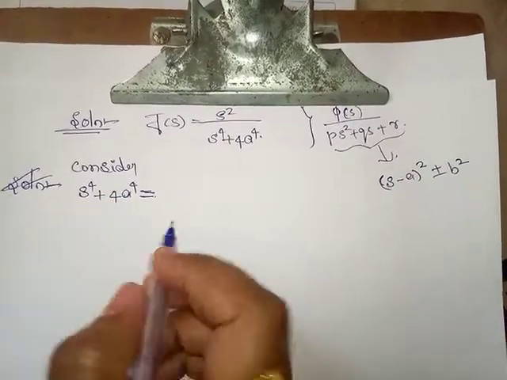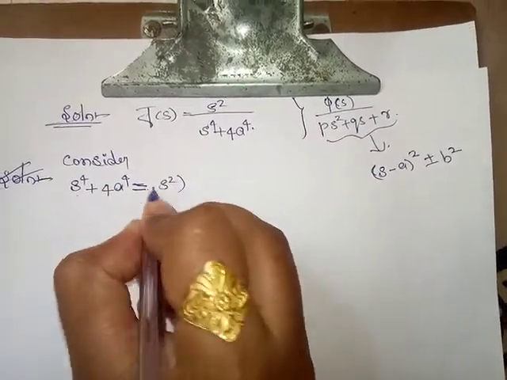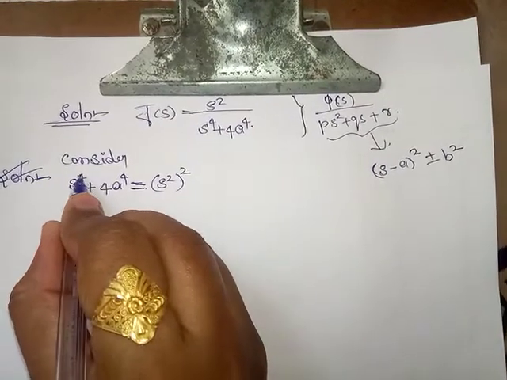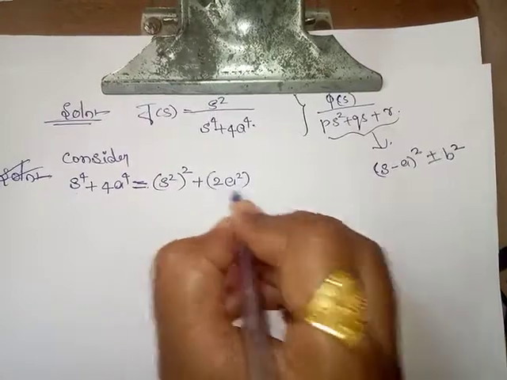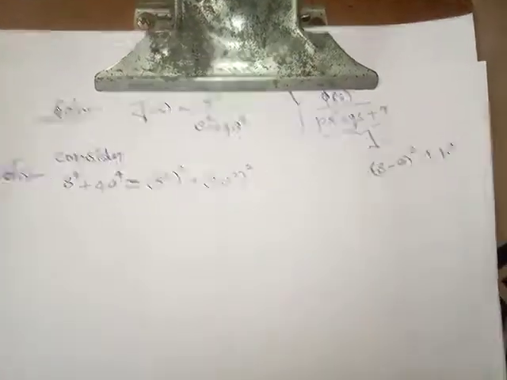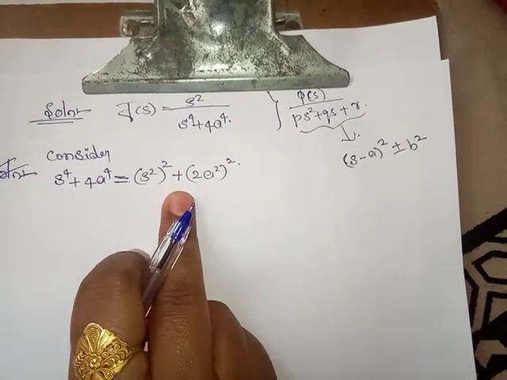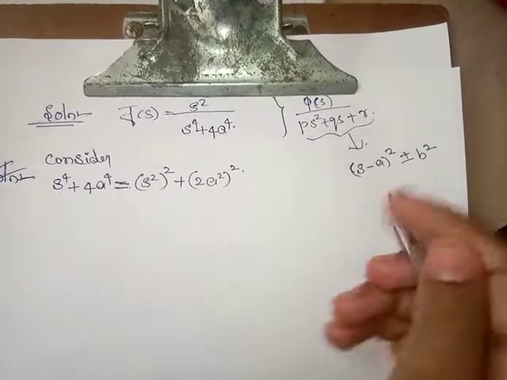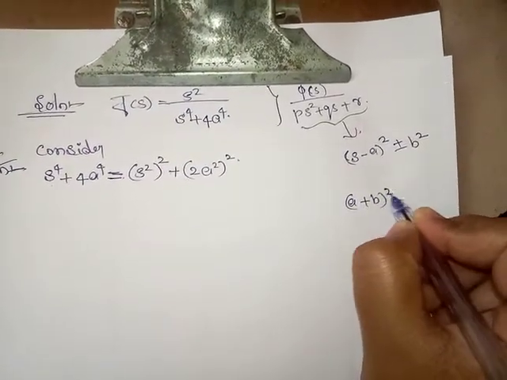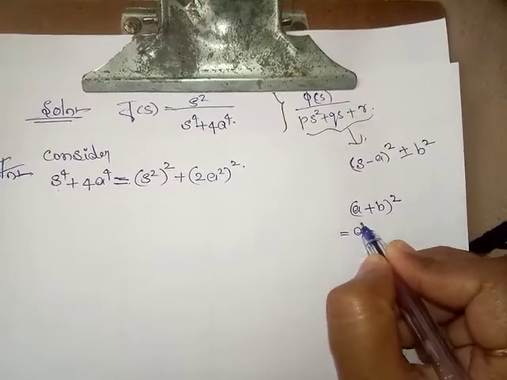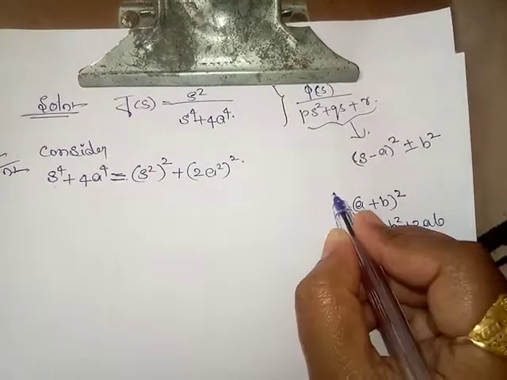I will write s raised to 4 plus 4a raised to 4 as s square whole square, because s square whole square is again s raised to 4, plus 2a square whole square. Here we have a positive sign, so we have a chance to use the a plus b whole square formula, and we know that a plus b whole square is a square plus b square plus 2ab.